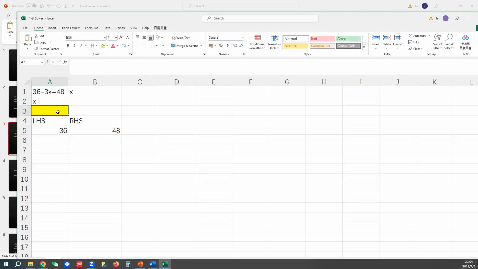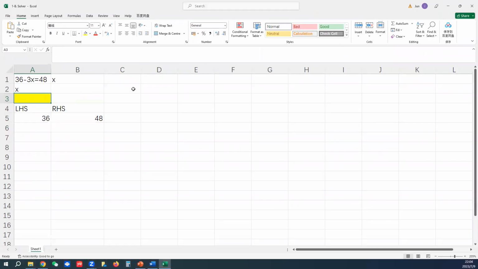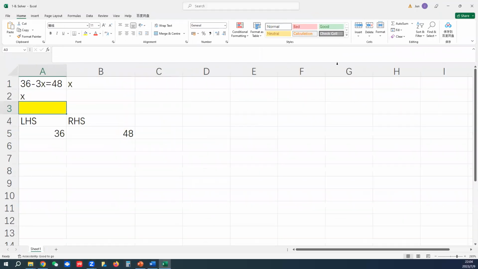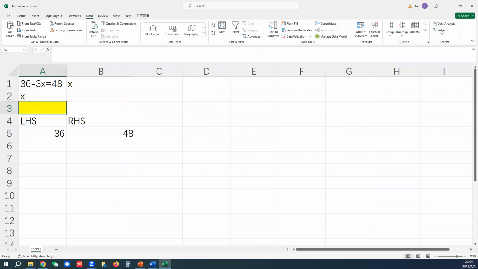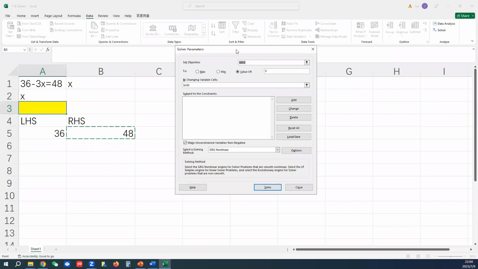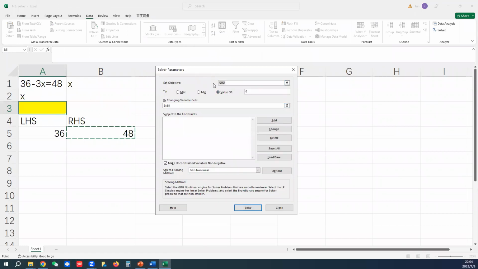Now the value of x is left empty, so by default it's recognized as 0 by Excel. What we are doing here is solving it out using Excel Solver. For set objective, we always use the one that includes the variable. Here that is A5, because the right-hand side is just a fixed number.